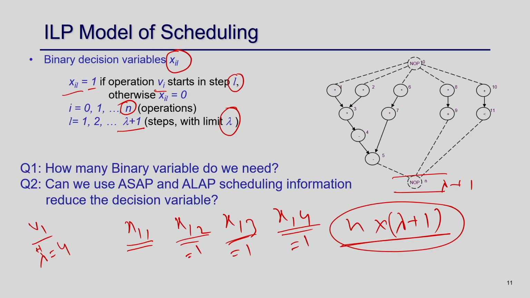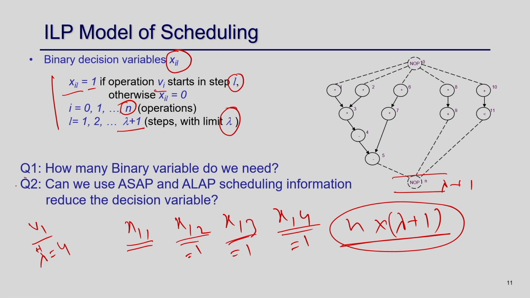If the number of variables is more, the expressions will be more, and solving the problem is more difficult. So, the question here is that in this model I can have n into (lambda plus 1) unknown variables. Can I reduce it?